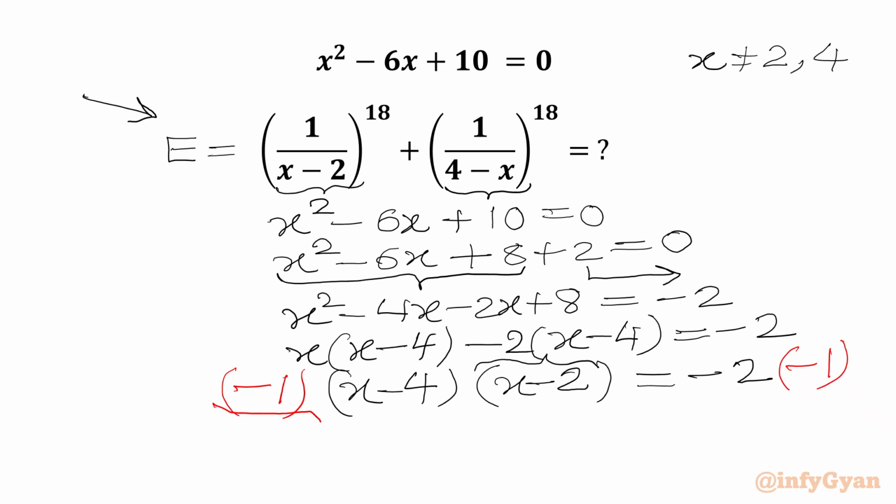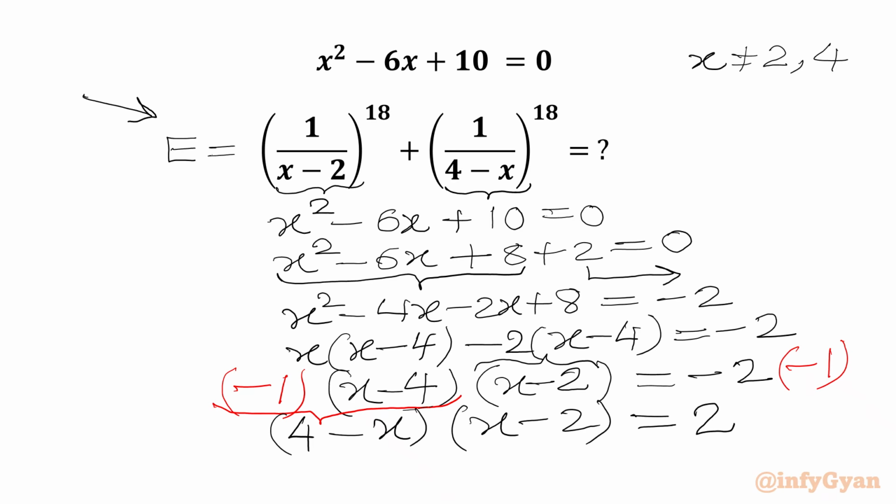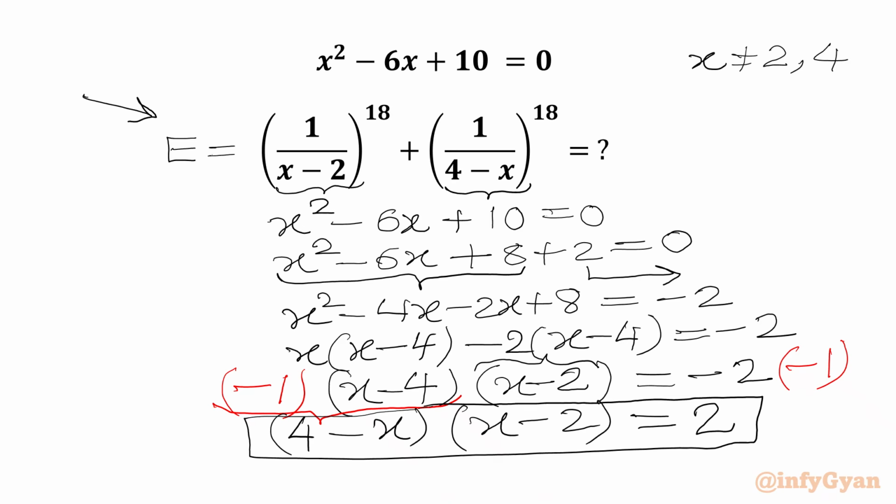Now we will multiply these two brackets together and we can write (4 - x)(x - 2) equal to -2 times -1 is 2. So this is our equation number 1: (4 - x)(x - 2) = 2.